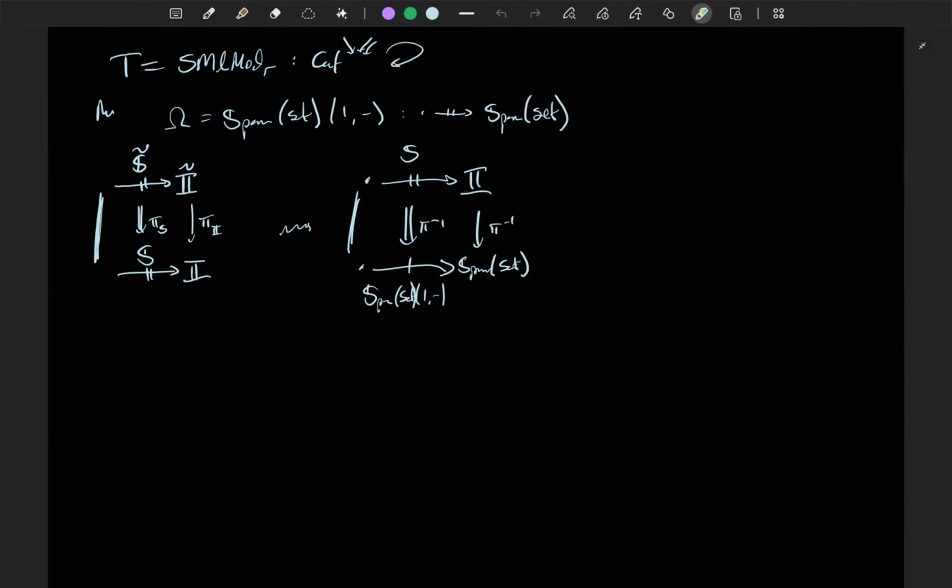I think it's worth going through this, but before I do, I'm going to give you some examples of such discrete opfibrations on the right so that we can get a little deeper into what the functoriality on the left entails.